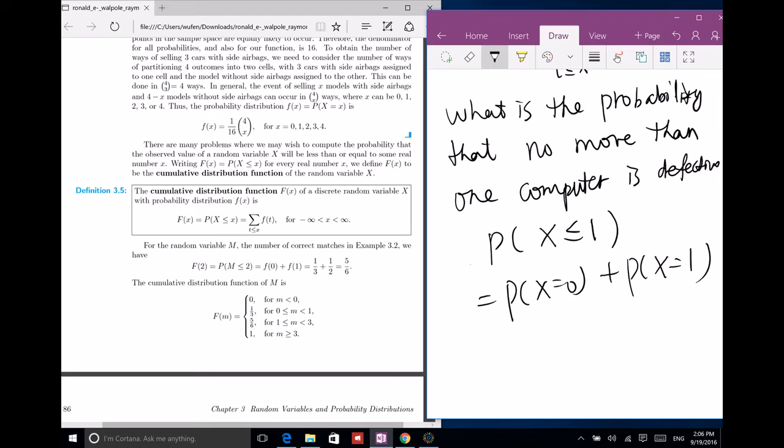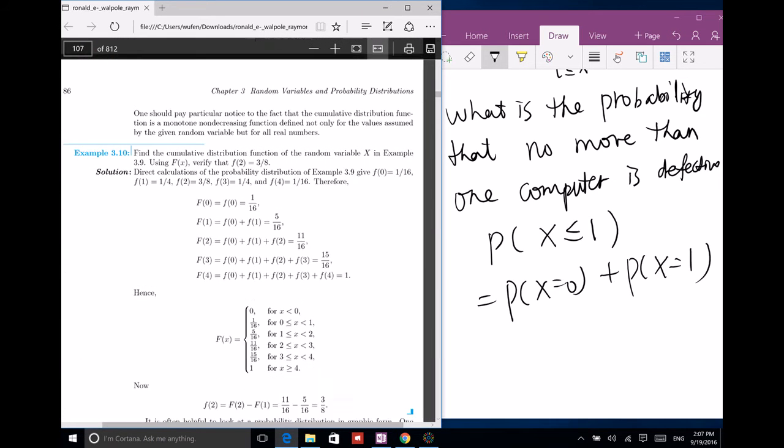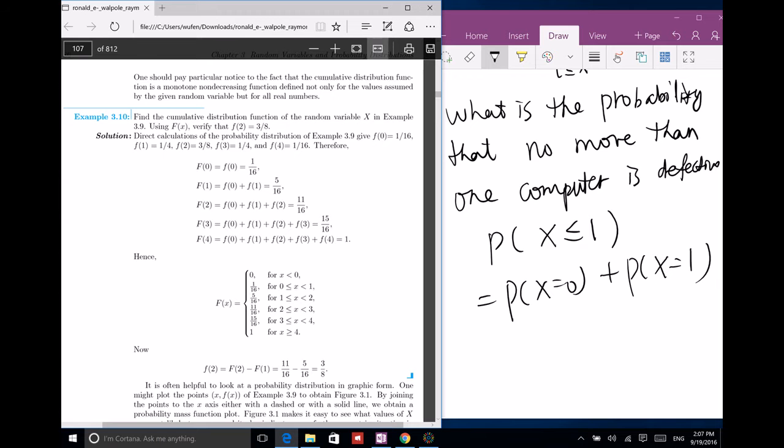Does that make sense? This is the idea of cumulative distribution: X less than or equal to a fixed number. Okay, so you add the previous ones, or always add the previous ones.